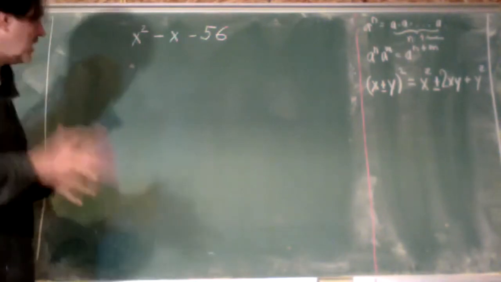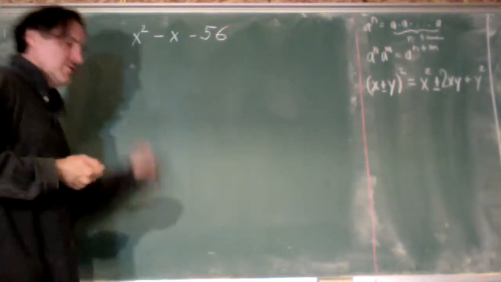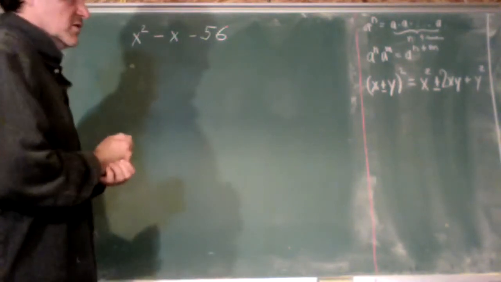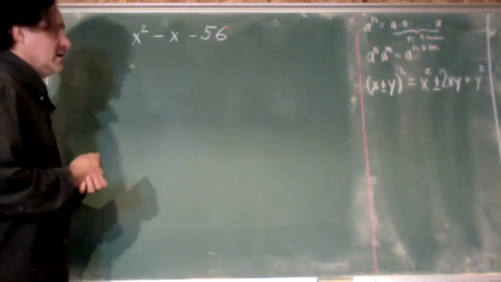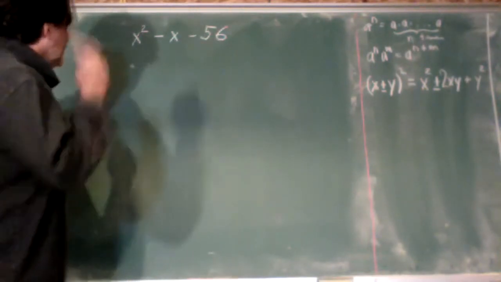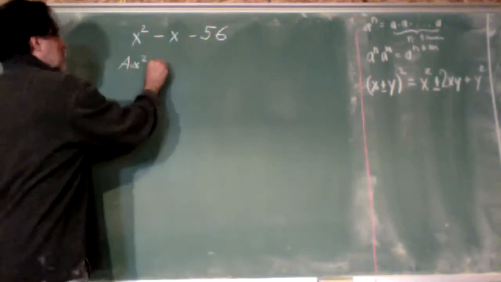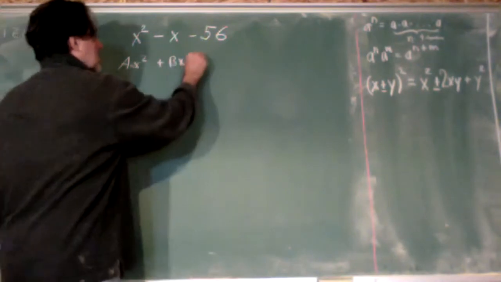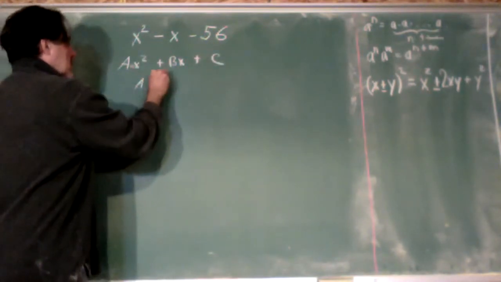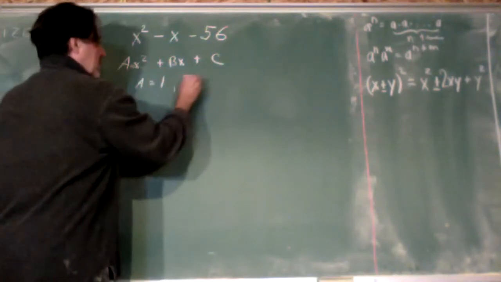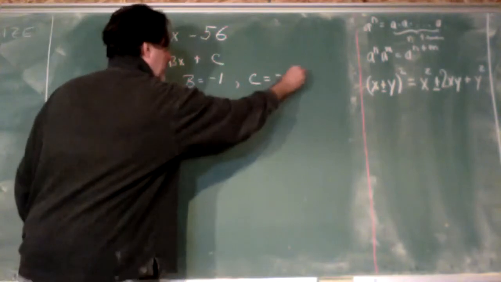If you're confident about the result but uncomfortable with the technique, use the technique where you know what's going on, because then you figure out how to make sure it works in all cases. Okay, we're looking at something of the form ax squared plus bx plus c, where here a is 1, b is -1, c is -56.